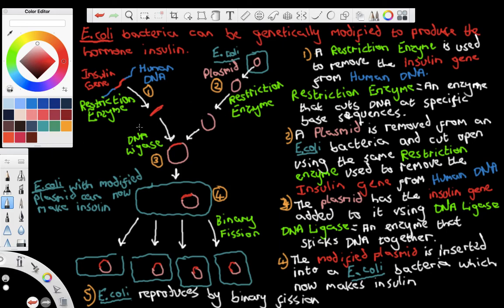We then add the human insulin gene to the plasmid via DNA ligase. DNA ligase is an enzyme that sticks DNA together. We then put the plasmid inside of an E. coli bacteria. This forms an E. coli which is able to produce insulin. This E. coli then goes through binary fission to produce lots of E. coli that all have the insulin gene in them and all produce insulin which we can then scoop up and we can use.